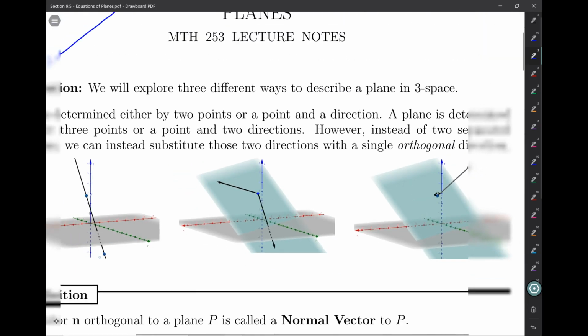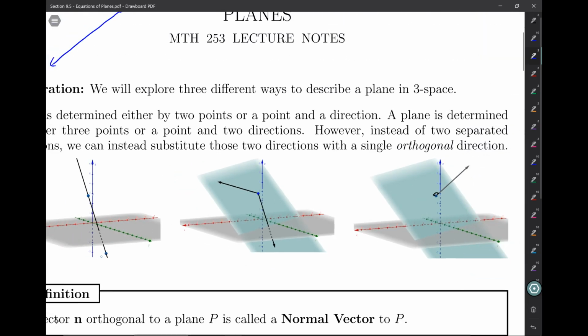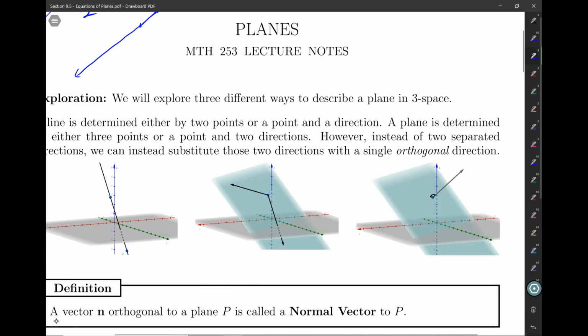On the other hand, instead of having 2 different directions and a single point, we could actually replace those 2 different directions with a single direction. But that direction actually isn't going to be a direction on the plane. It's going to be a direction that is orthogonal to the plane.